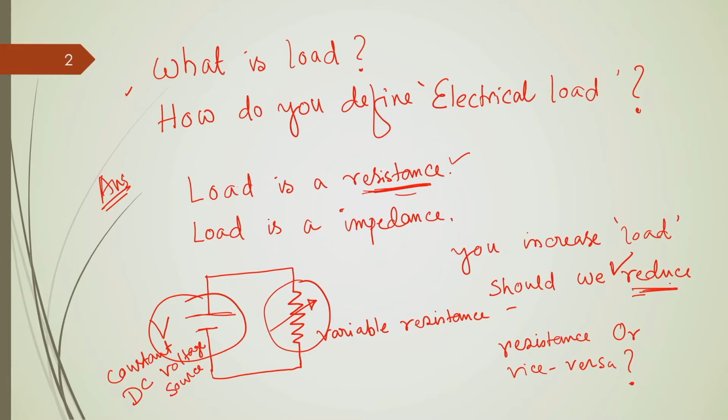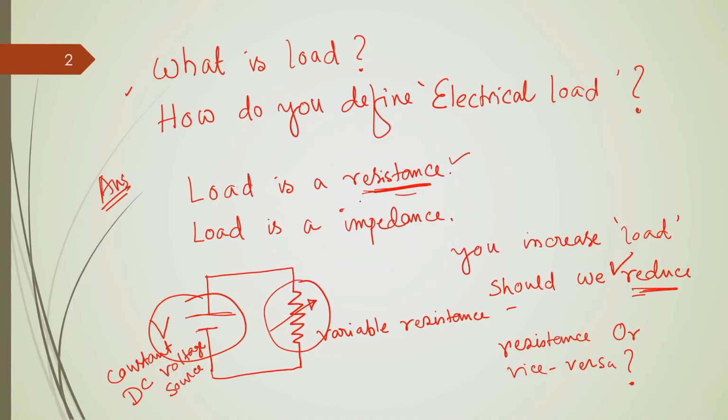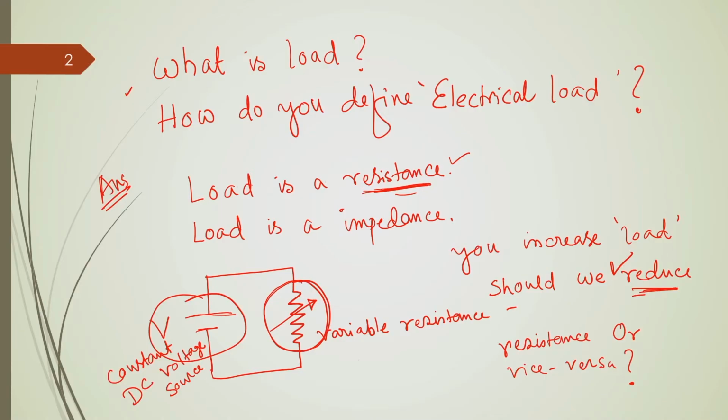The actual answer is we have to reduce the resistance. Why? Because load does not essentially mean a resistance; rather it is the power consumption of a certain device. In this simple DC circuit, if the value of resistance is R, power consumption equals V squared by R, and V is a constant DC voltage.